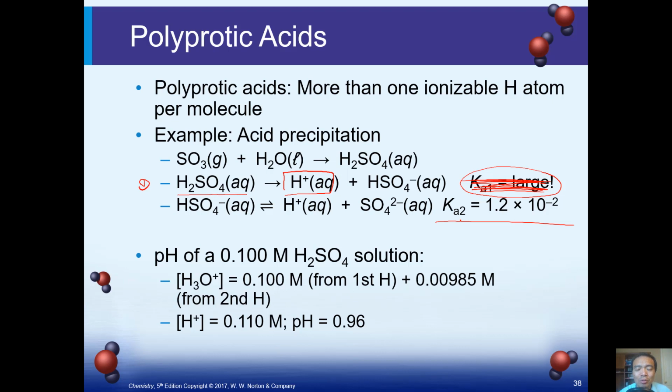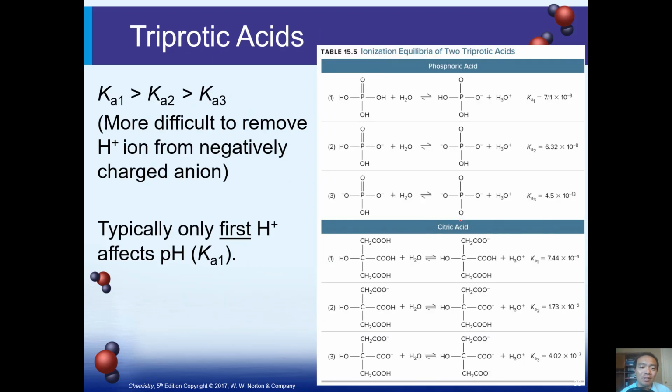Sulfuric acid has 2 protons to deprotonate, so we call this a biprotic acid. We also have examples of triprotic acid like phosphoric acid. Okay, as you can take note of, the Kas will decrease from Ka1 to Ka2 to Ka3.